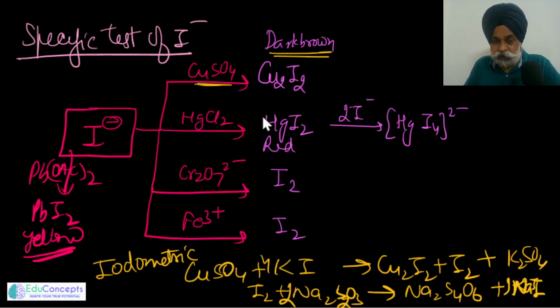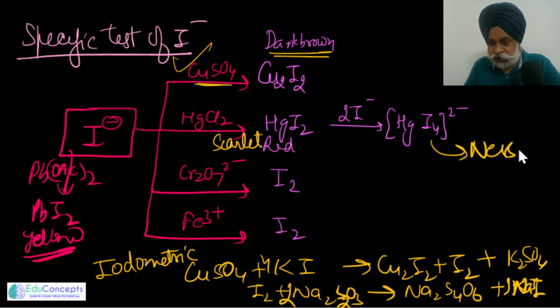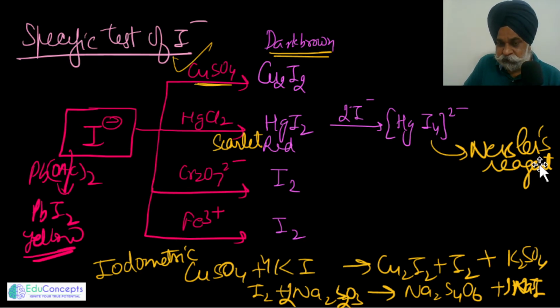So in particular, what you always have to remember is that iodide treated with copper sulfate gives this type of brown color, or with mercuric chloride, scarlet red precipitates are obtained. If excess iodide is added, this dissolves to form a reagent, the Nessler reagent, if you could remember. The Nessler reagent, at a later stage we will see, is used for detection of ammonia gas.